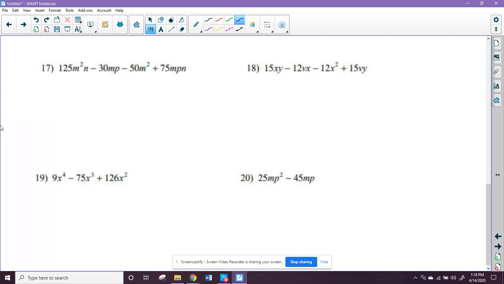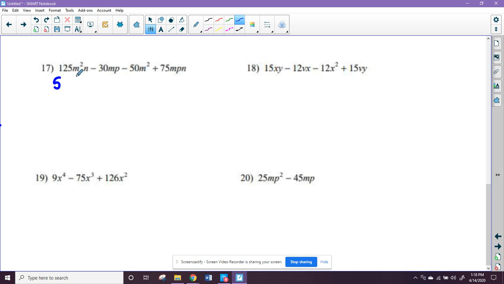But the very first thing we have to do for every problem is see if we have a greatest common factor. So let's look at our numbers. We have 125, 30, 50, and 75. What number goes into all 4 of those numbers evenly? And we want the largest number. That number would be 5. So we're going to factor out a 5.